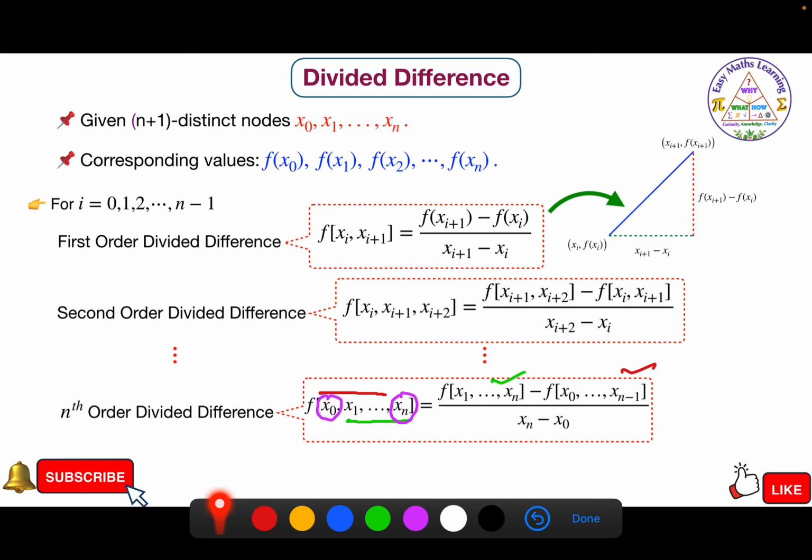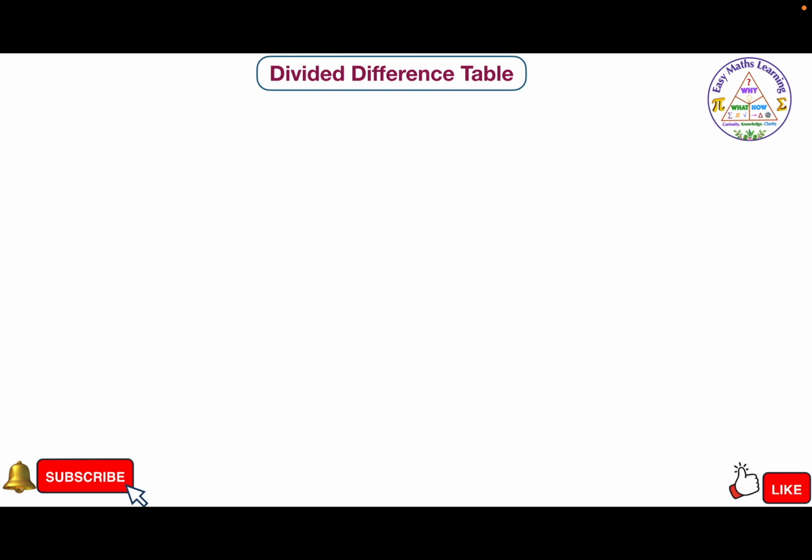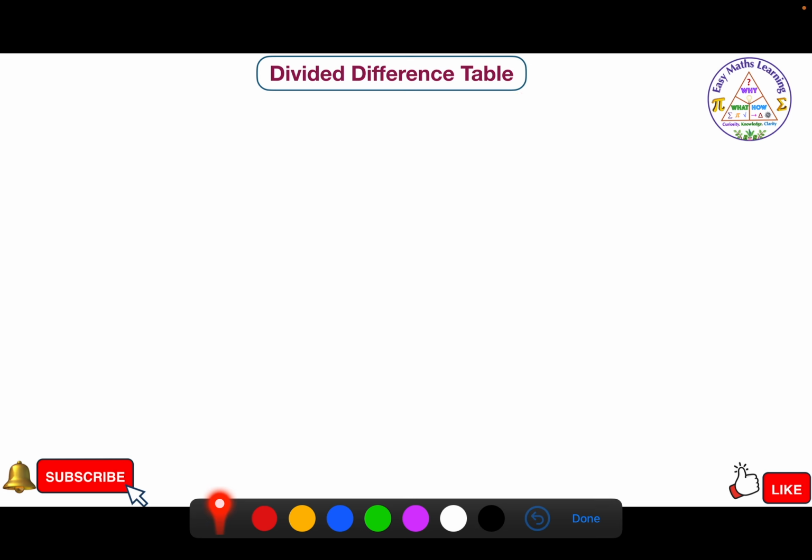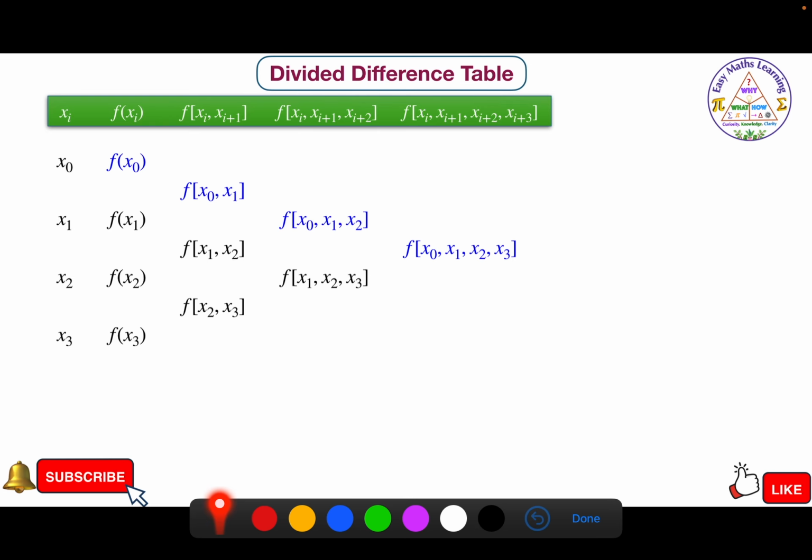See, each higher order divided difference is defined using the previous order divided differences. To organize calculations, we use a divided difference table. This is the divided difference table for four distinct nodes. In the first column, we simply write nodes. In the second column, we write corresponding function values. Now we compute the first order divided differences. These three are the first order divided differences. The first one, f of x0, x1, is calculated as f of x1 minus f of x0 divided by x1 minus x0.